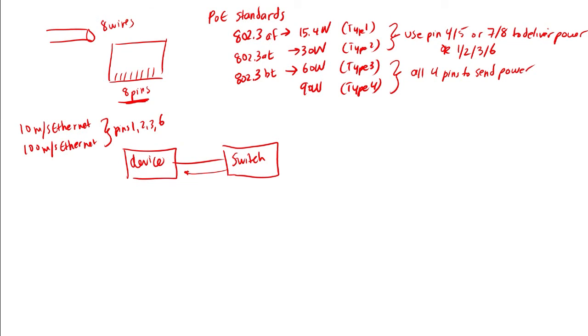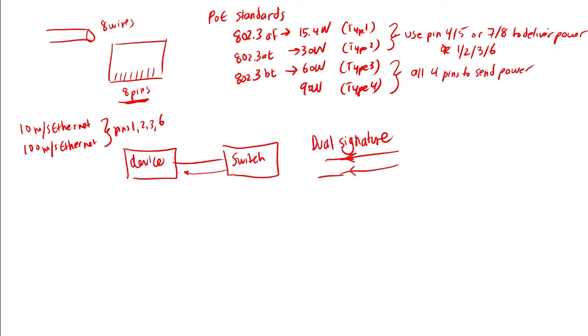But when the device first connects to the switch, they negotiate a power amount. And now we have something called dual signature. So what happens is we can send two separate power supplies, two separate power amounts.